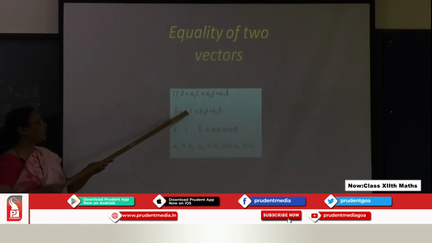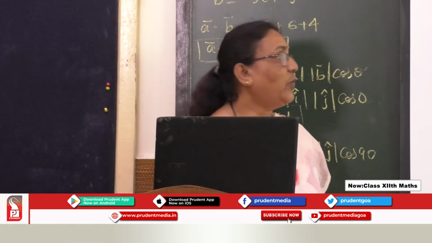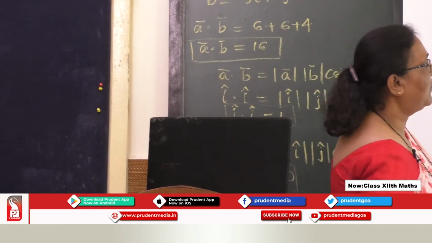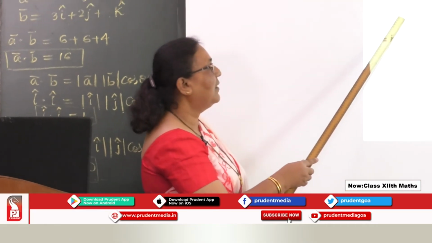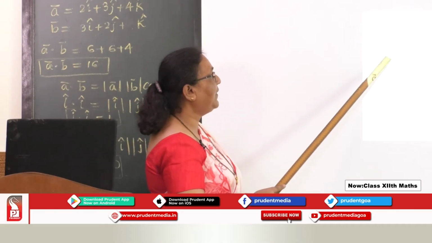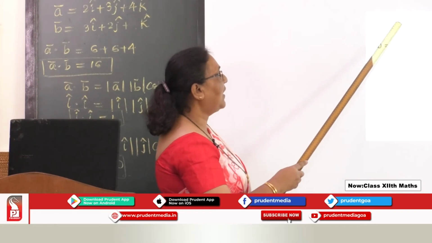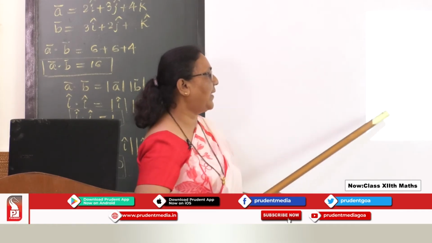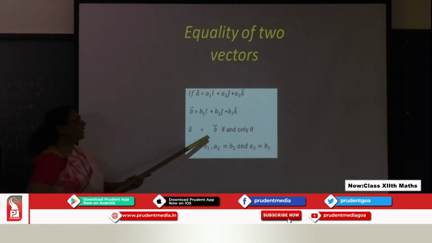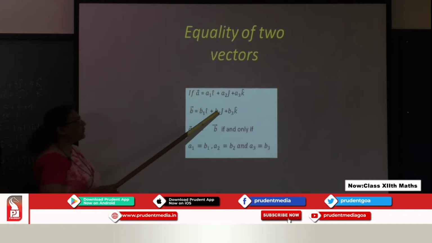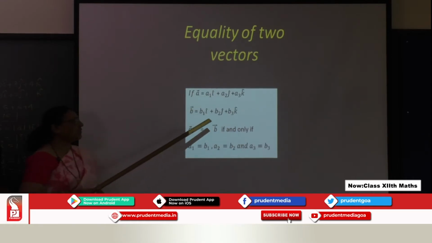Both these neighbors are the same. The scalar components of these two vectors, A1 and B1, are equal, then A2 and B2 are equal, and A3 and B3 are equal, then these two vectors are said to be equal.